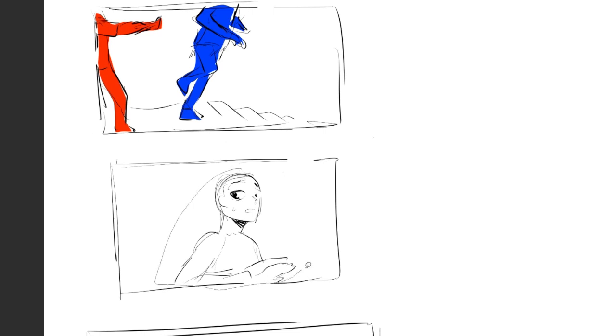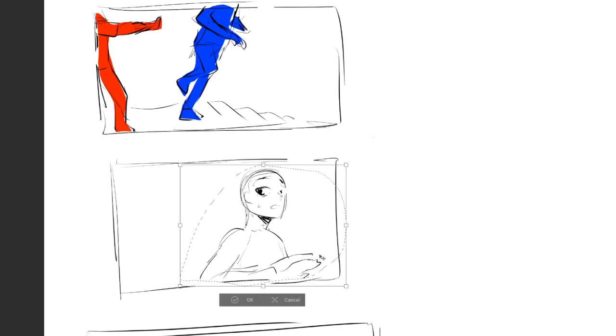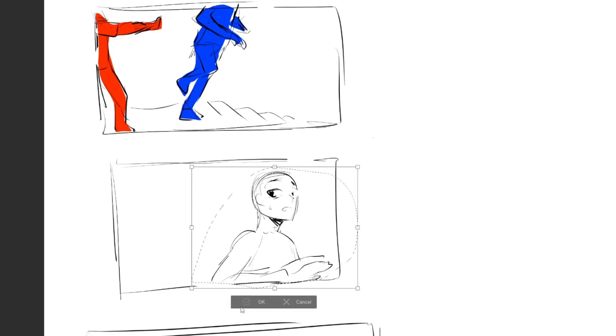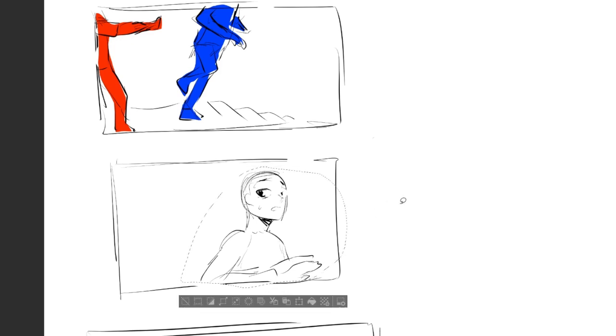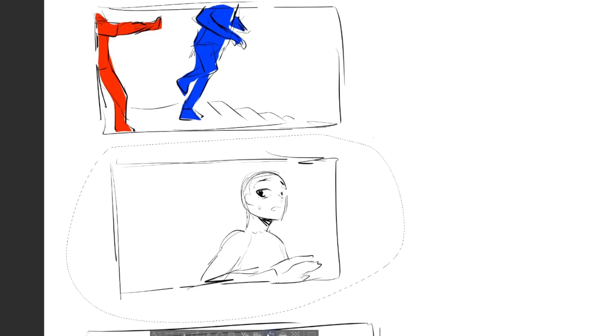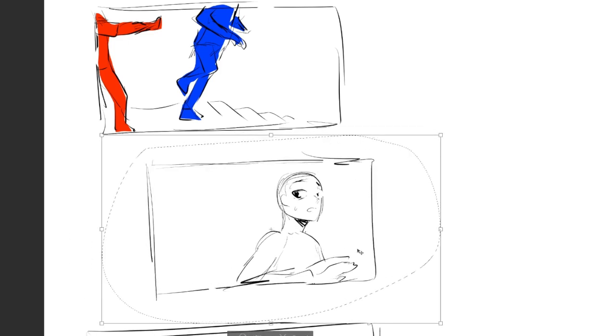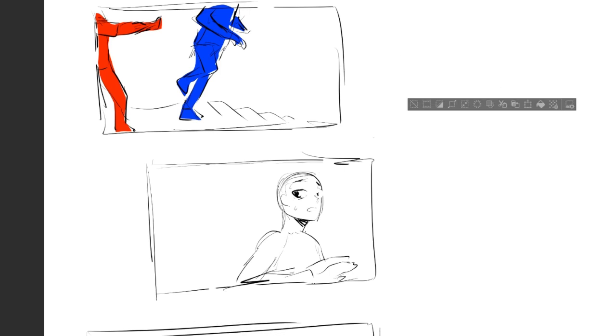So if you do move your character a bit to the right, yeah, just a bit to the right, maybe even the panel, if you move the panel a bit to the right, then for sure you will know that it's this character.